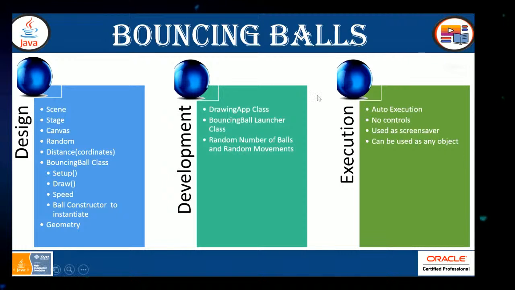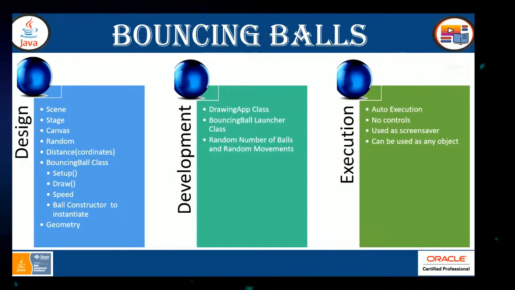So basically, we divide the canvas into x-axis and y-axis, and we pass those x and y coordinates as arguments into the distance method. That will help you to position the location of your object. So this is the concept and this is the design of the bouncing ball animated object.